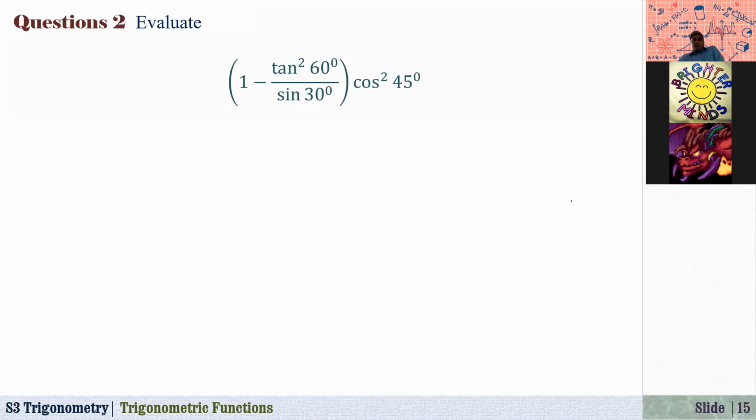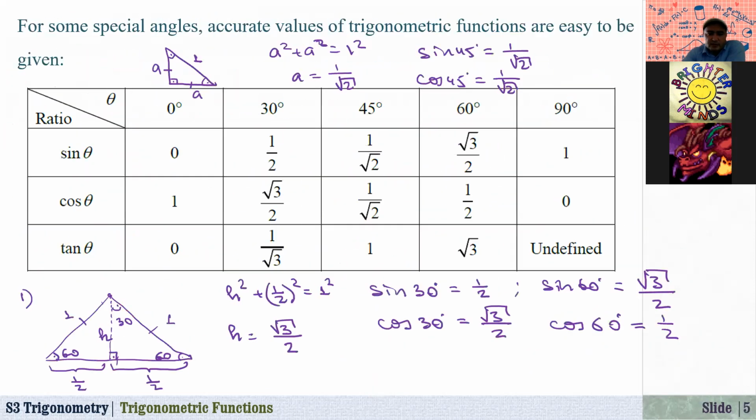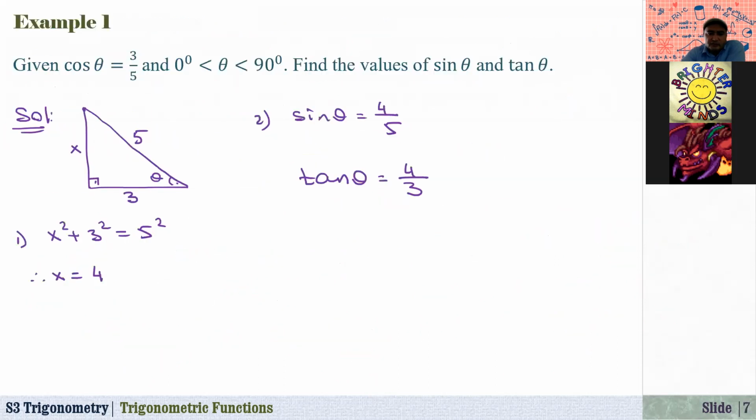Another example, evaluate. Again we have to evaluate using the table. Let's say this one is equal to A. We can write it as 1 minus tangent of 60. We have already calculated it, but let me check the table one more time. Tangent of 60 is square root of 3.